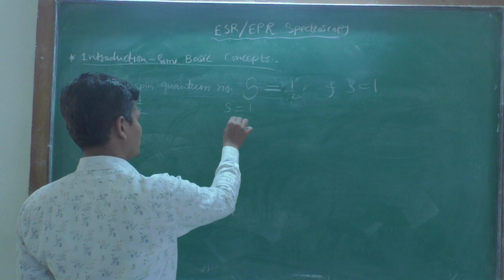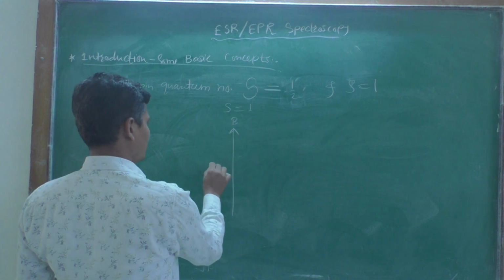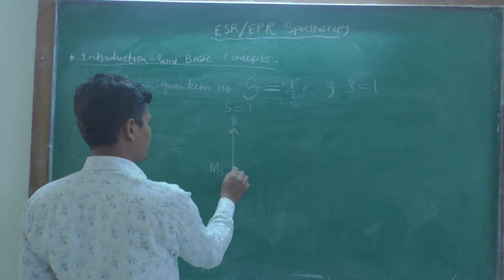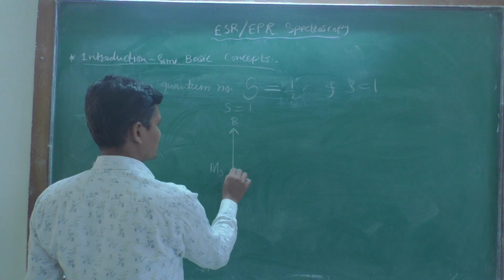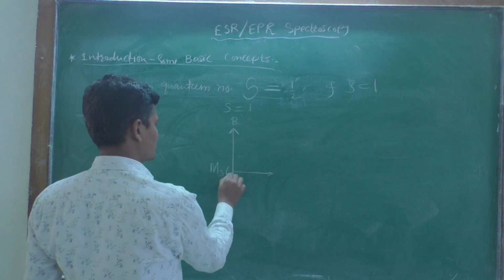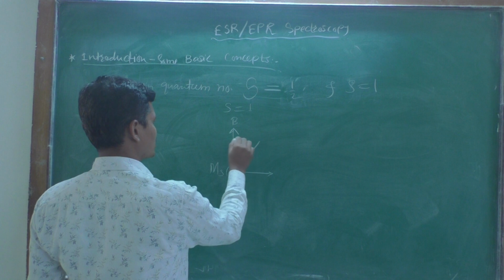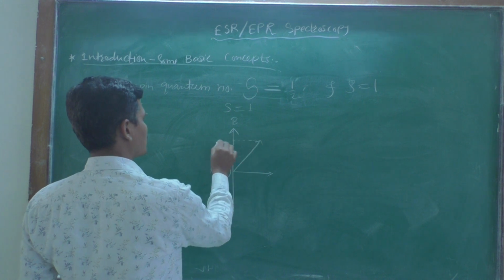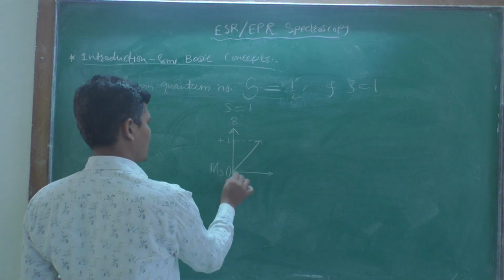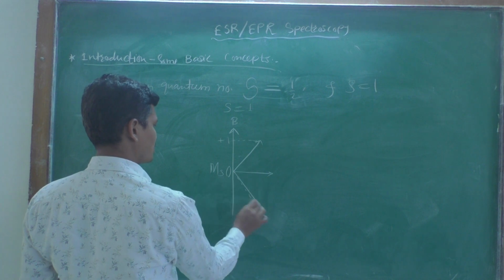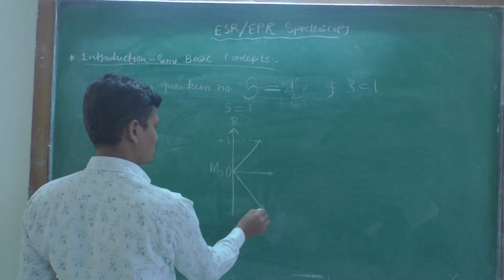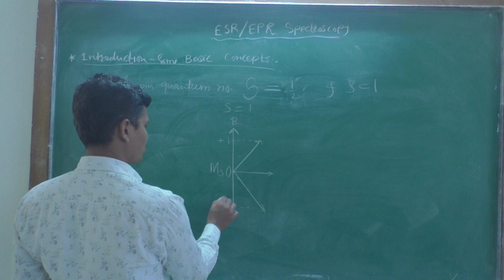So this is the direction of magnetic field. Okay, so this is ms, and splitting of this ms takes place into 3. So this is 0, this is plus 1, and here it is minus 1.